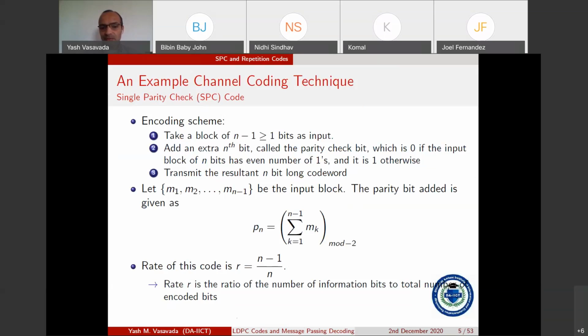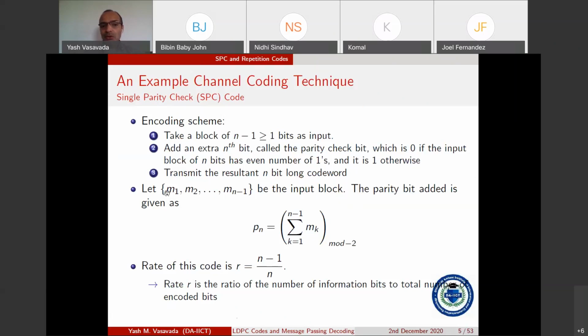And the objective of adding this parity bit is that, including the parity bit, the entire code word should have even number of ones. And so suppose if you have n equal to, let us say, 4, then your code word length will be 4. Code word will have 4 bits. But your message bits will be only 3, M1, M2, and M3.